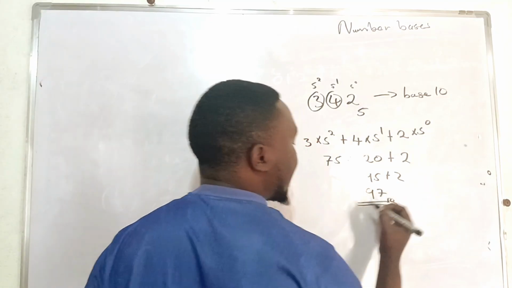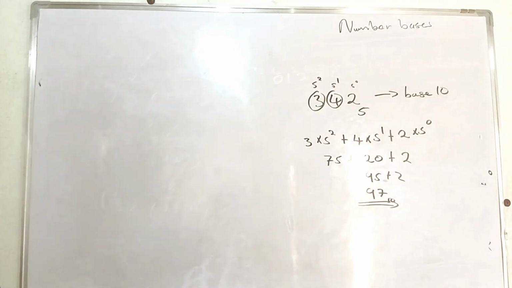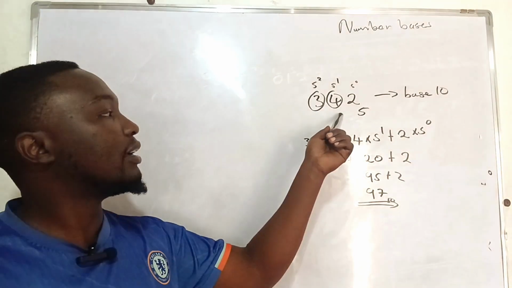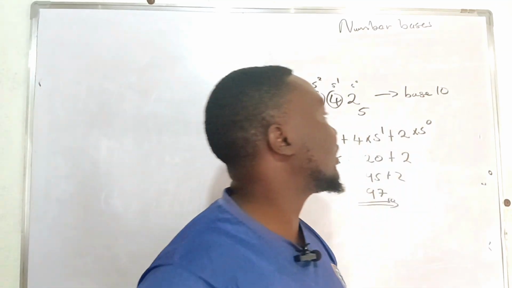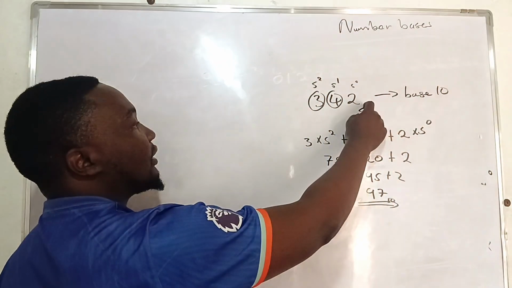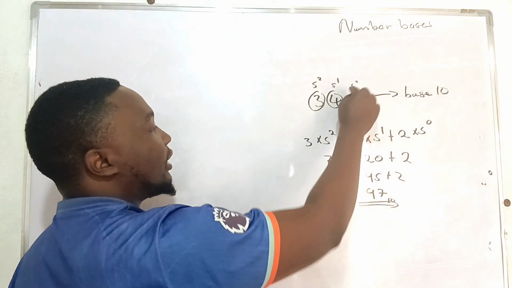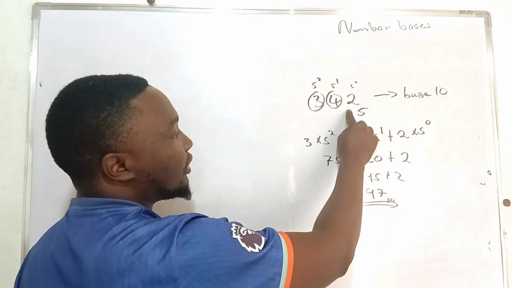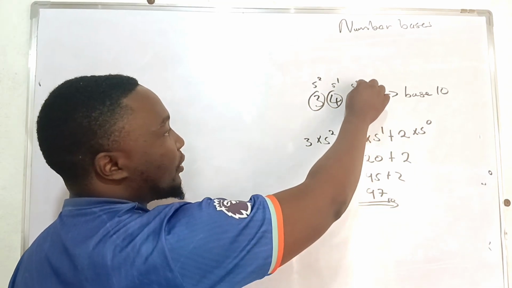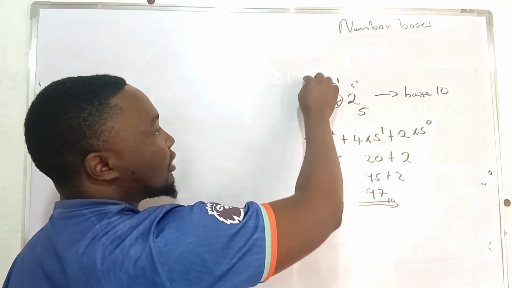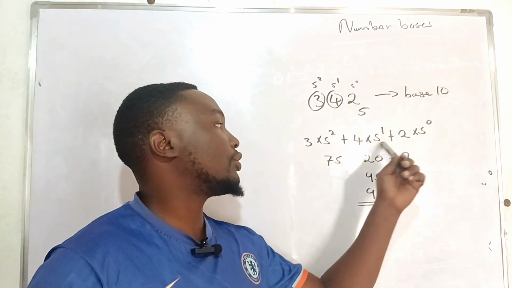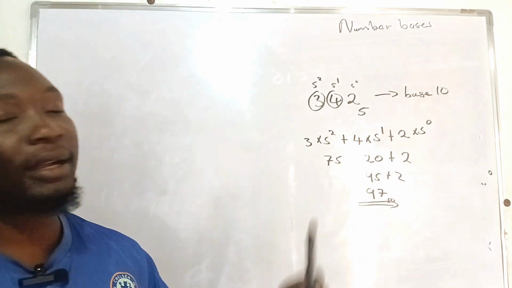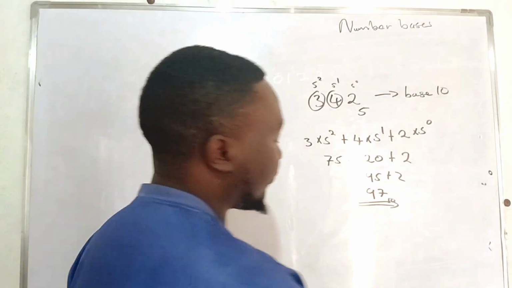So this one is now in base 10. If you are given a number in any base and you are asked to return it to base 10, you take the base and multiply it by the power of the respective position. The first position is power 0, this one is power 1, this one is power 2. Then you do this operation and you return the number to base 10.